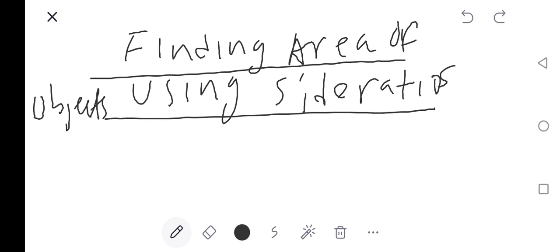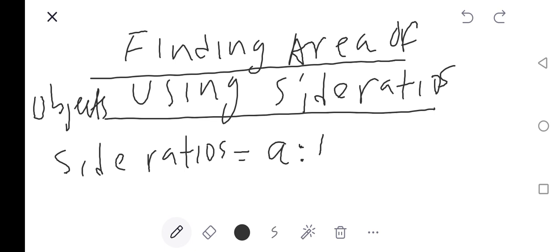If I ask you, especially Madam Jane, what are the ratios of the side ratios? How do you write the ratios of sides? It's A to the B, right? For you to find the area, you need to square these, the A squared and the B squared.